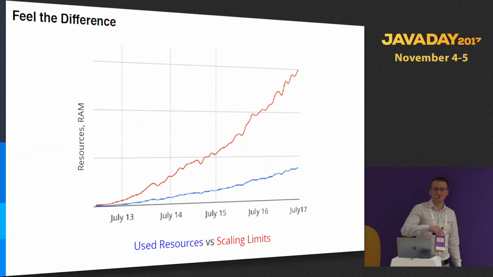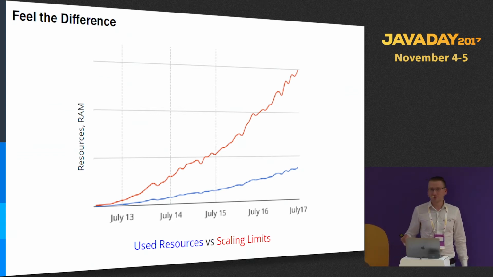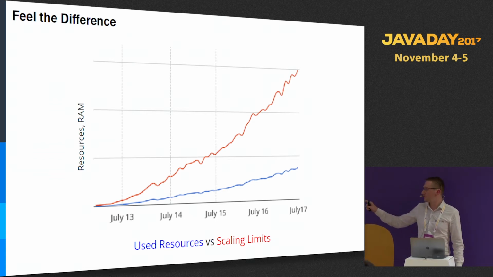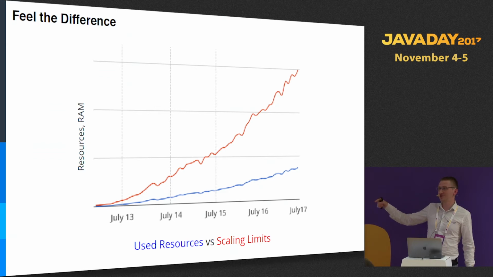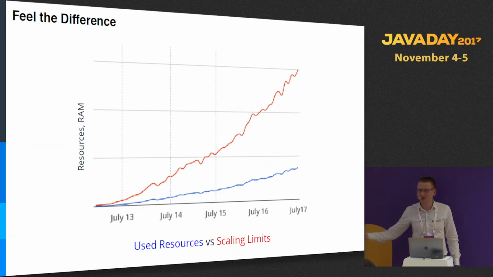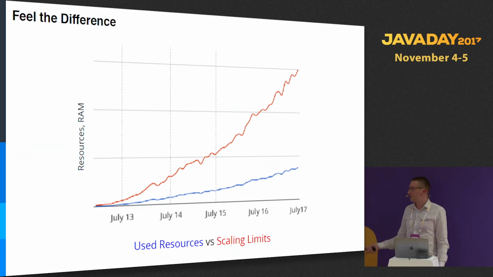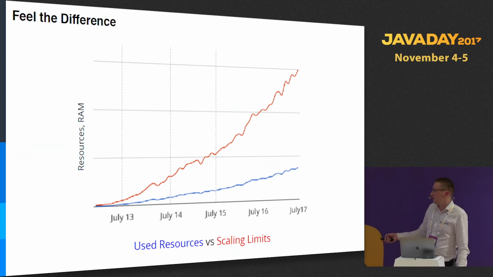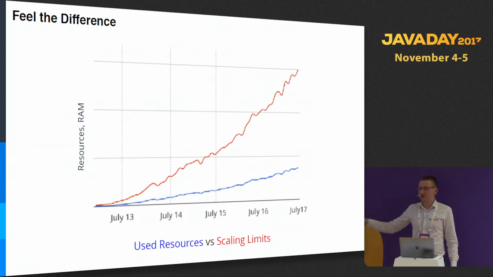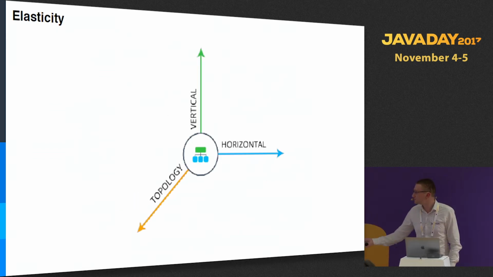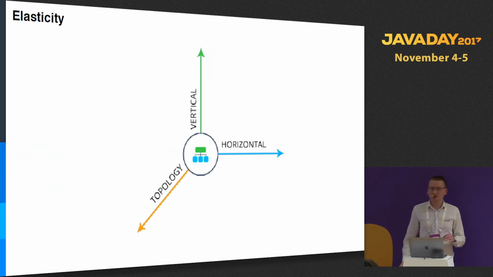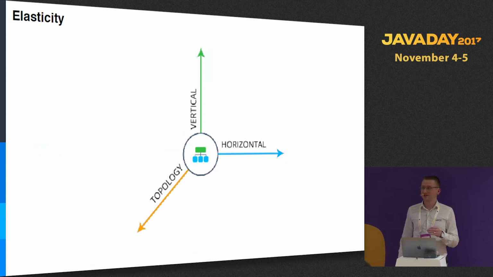If the end customer bought a virtual machine instead of a container, he would pay for those pre-allocated resources. The blue line is what he actually used. A container is a fantastically elastic thing that gives us the opportunity to scale our services in different directions.